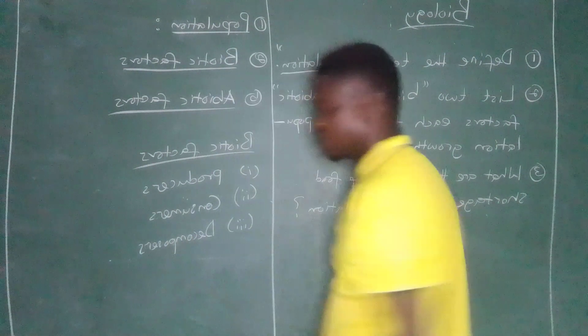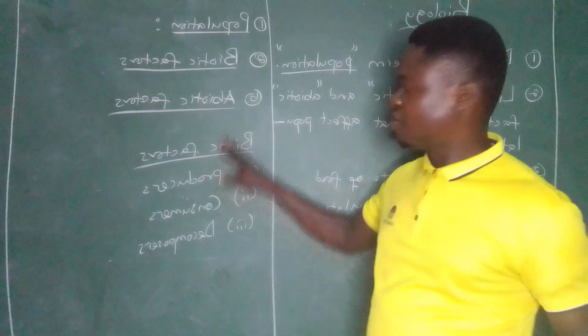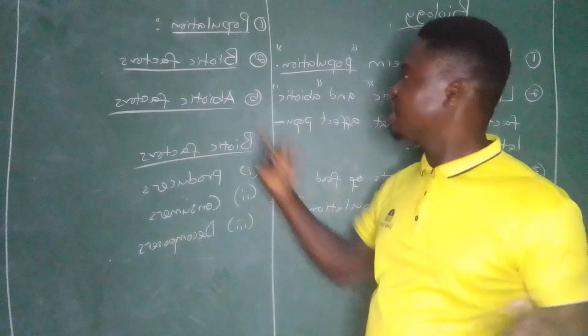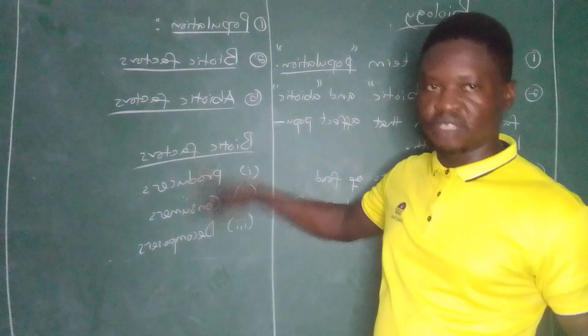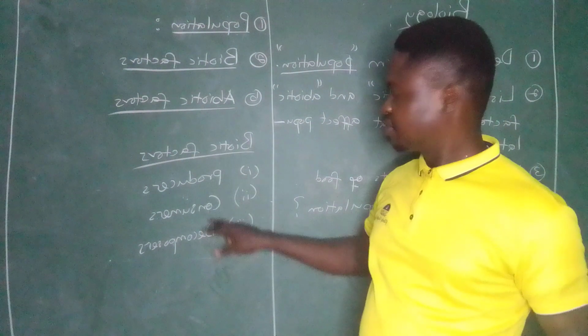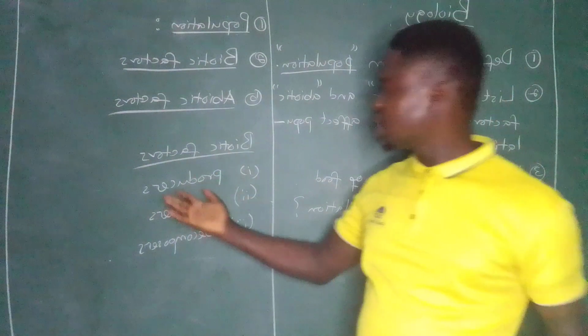Decomposers. The biotic components or factors that will affect a population are divided into 3: producers, consumers, and decomposers. What are producers?